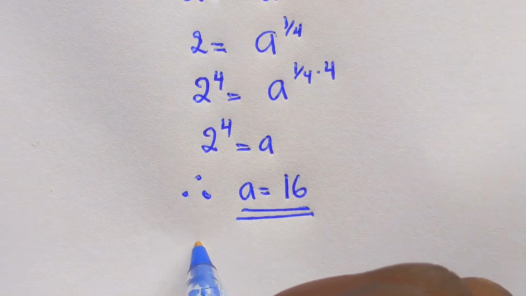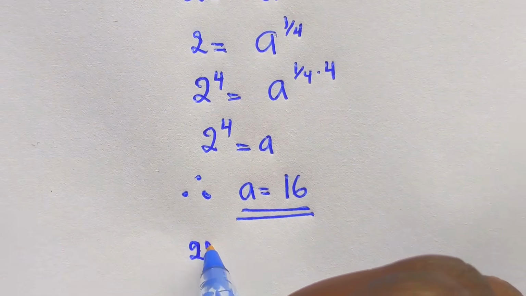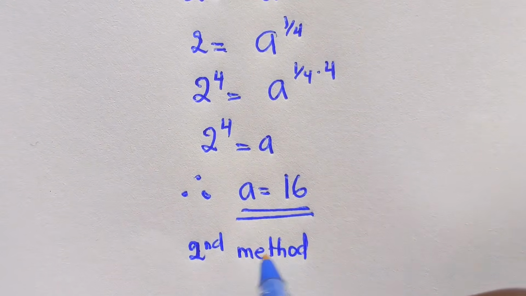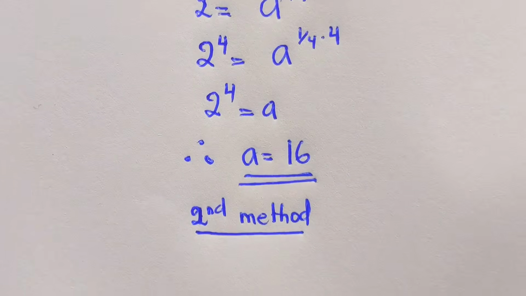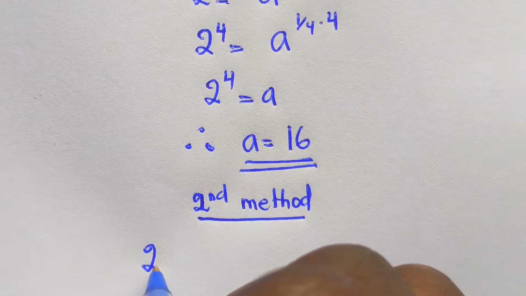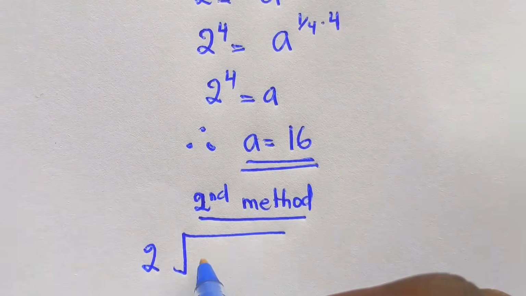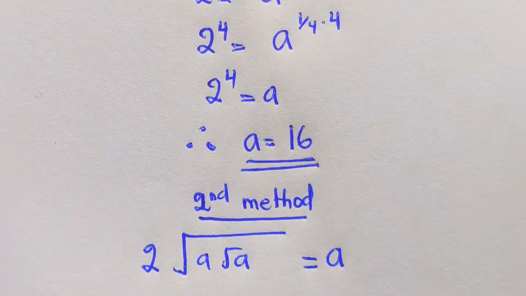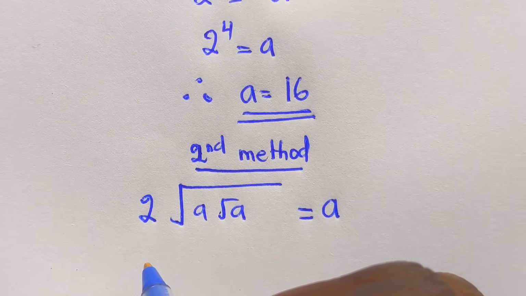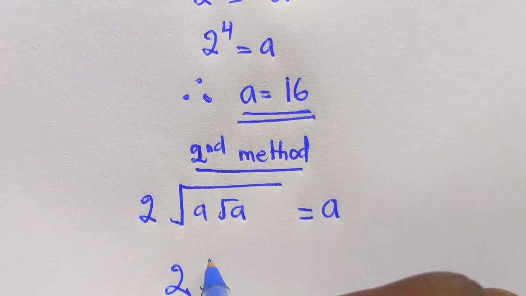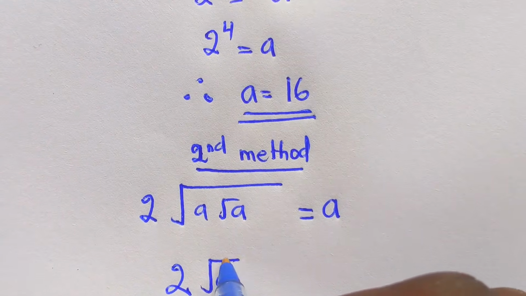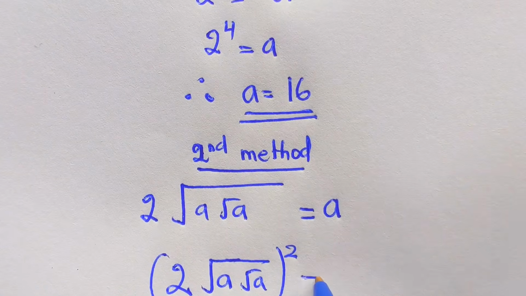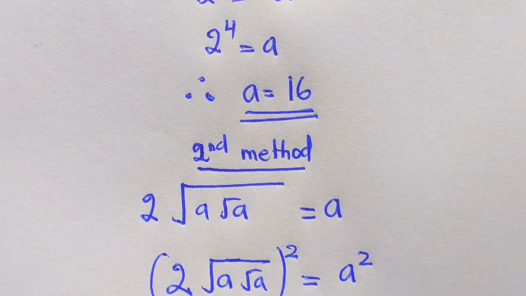Whereas the second method will be: here we have 2 square root of a square root of a equals a, and this can be written as 2 square root of a, and inside the square root of a, then squared, which equals a squared.